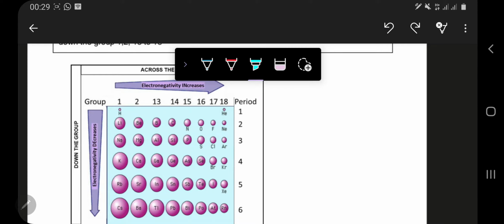Okay, so what we can see across period 2 and 3, from left to right of the periodic table, is that the size of atom becomes smaller.